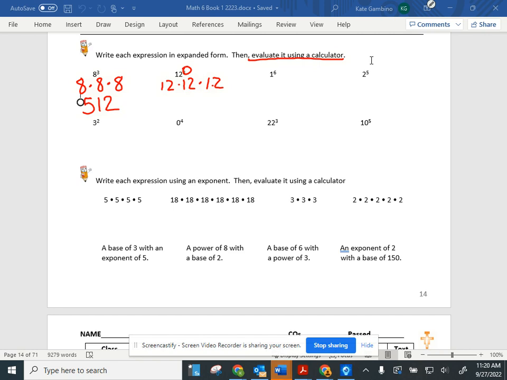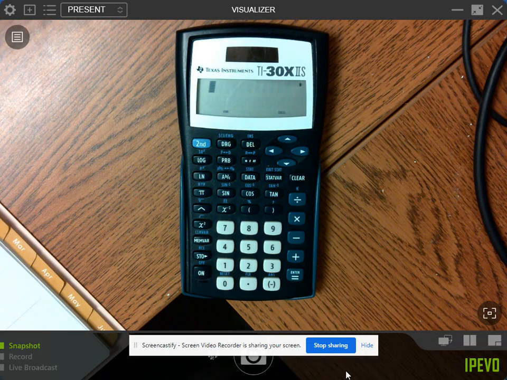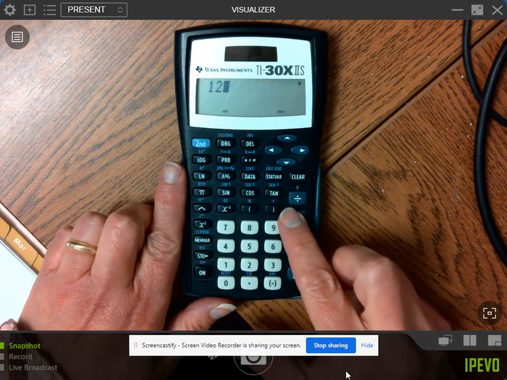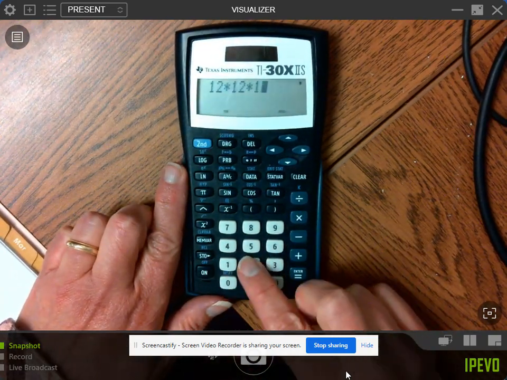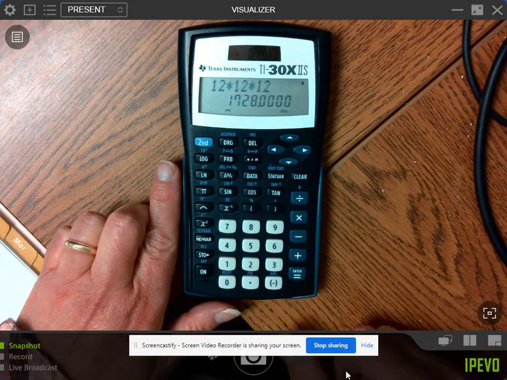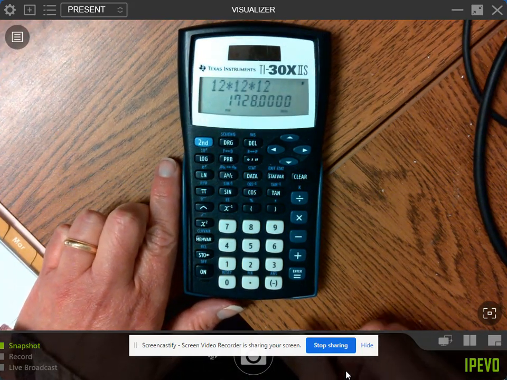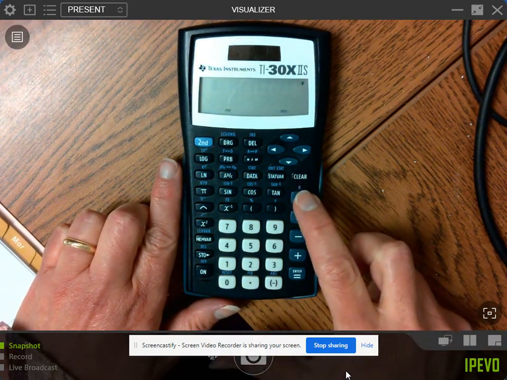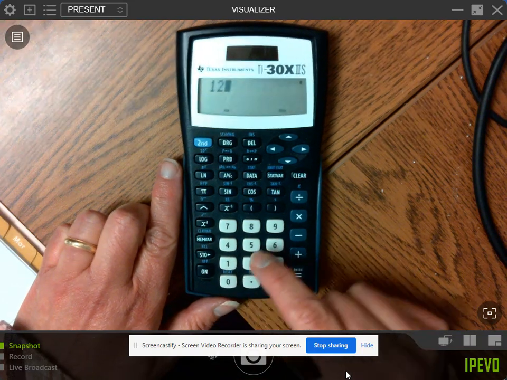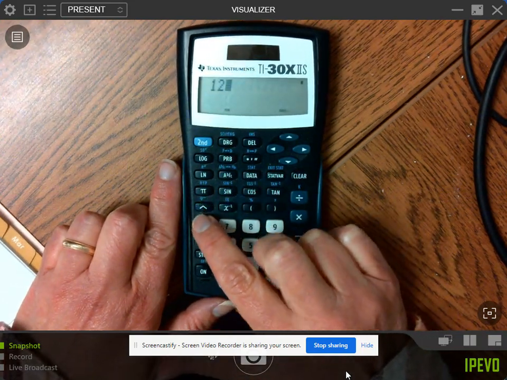Now we're going to put it into our calculator. And we could do 12 times 12 times 12, and we would get 1,728. Now let's check and see if we're doing our exponent correctly.